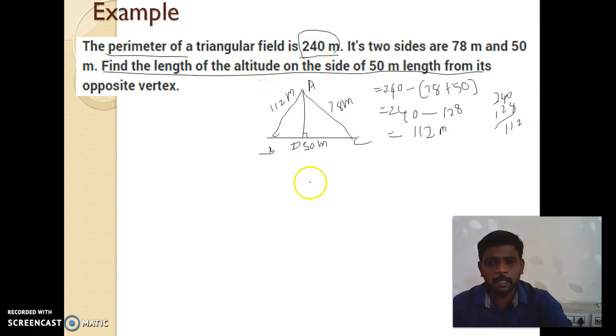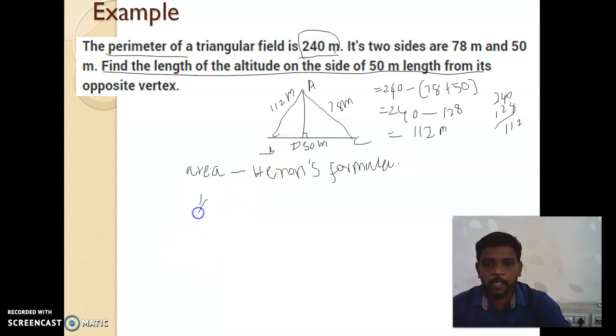Okay, it is simple. So how can you find out? First find out the area of the triangle by using Heron's formula. Okay, so find out area by using Heron's formula. That is Heron's formula. And after that, use half into B into H formula.